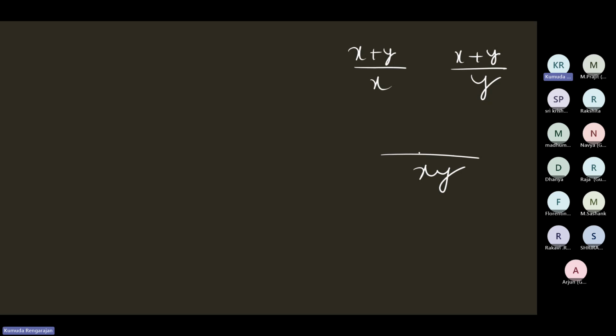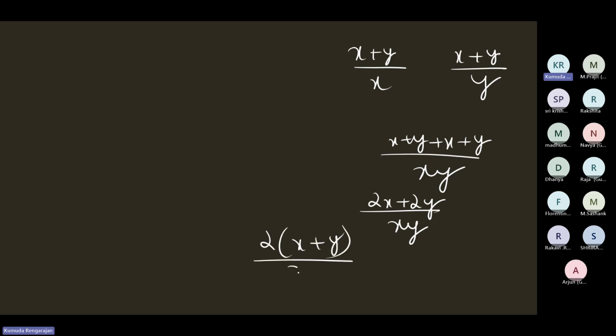So what will you get in the numerator? x plus y plus x plus y. So you get 2x plus 2y by xy, so 2 common and then by x. This is the result. I'm not saying this is wrong, but it is not favorable for us now.